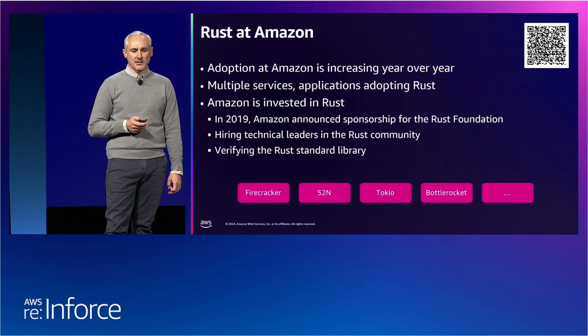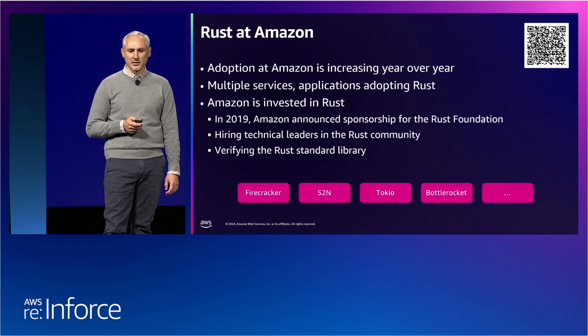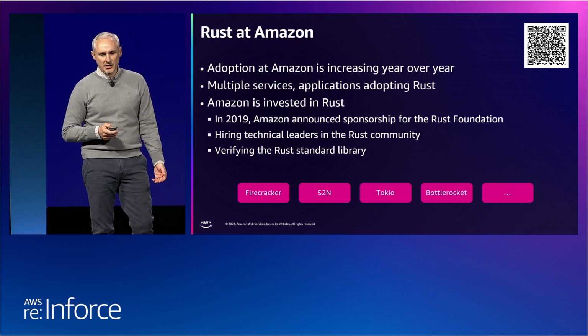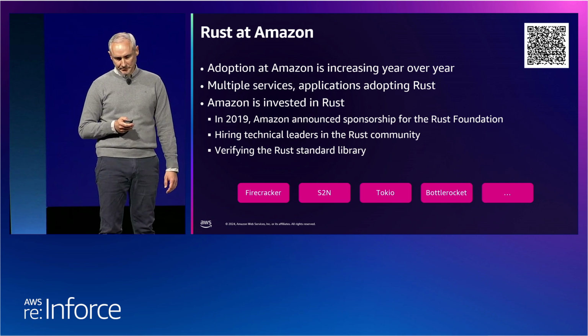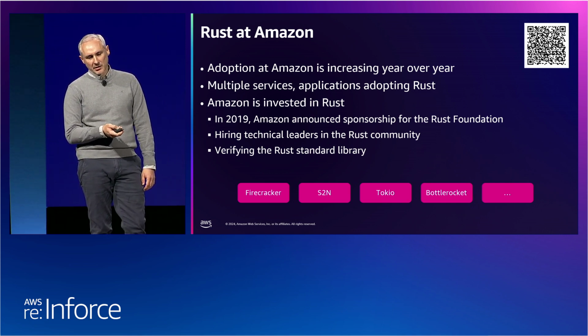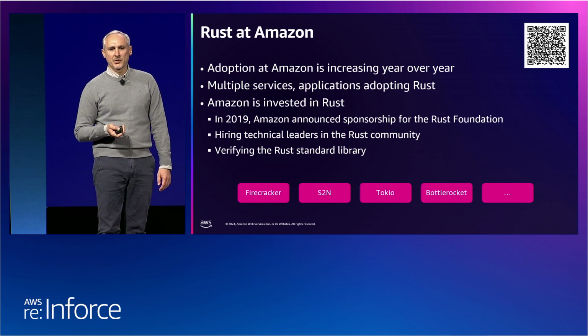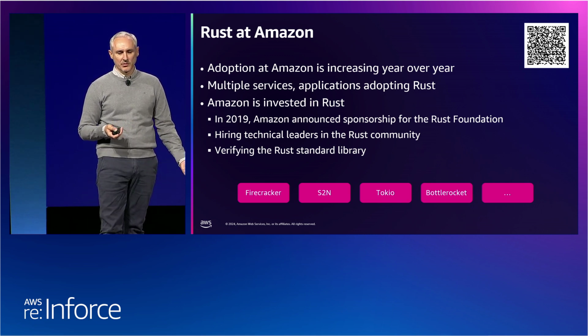We've been hiring key technical leaders of the Rust community, like Rust compiler developers and design leads. We also have plans to start verifying parts of the standard library. Below, Firecracker, S2N, Tokio and Bottlerocket are all examples of internal projects at Amazon that use Rust.